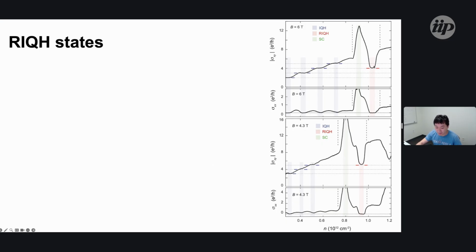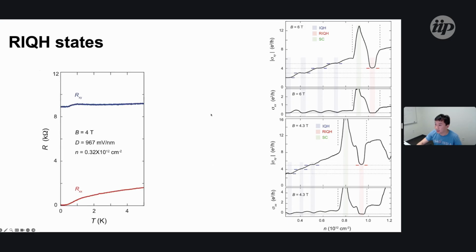So the temperature dependence really shows how different these states are. For an integer quantum Hall effect coming from the charge neutrality point, this is what the temperature dependence looks like, right?